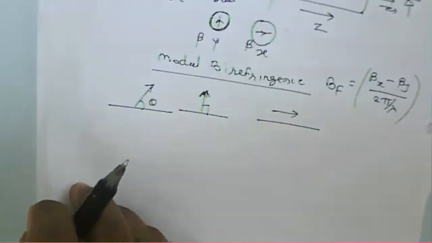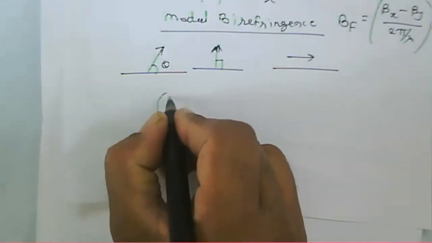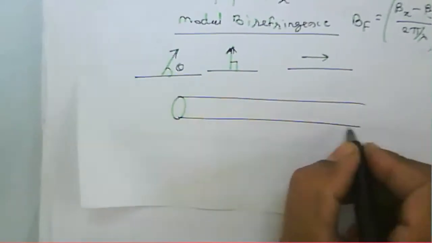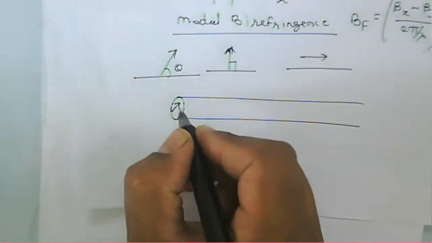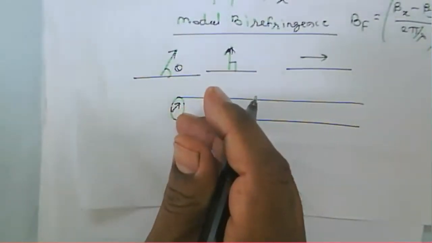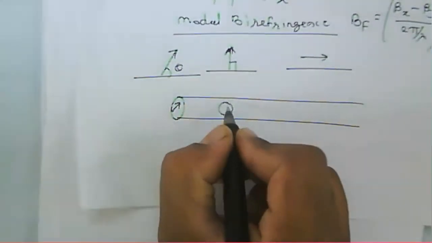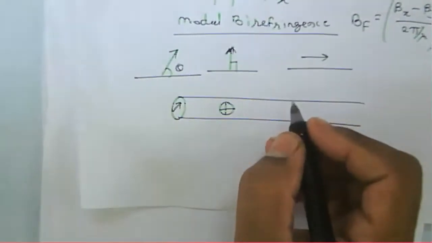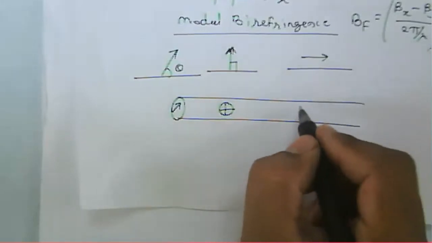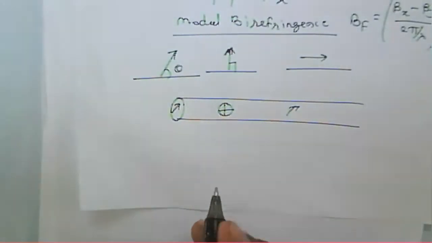At the initial position, if you see the rays propagating through the fiber, they change inside the fiber. Initially it will be linear in nature, then circular in nature, and then again linear in nature.